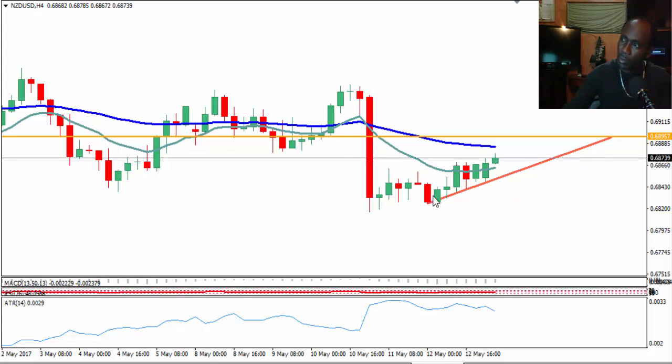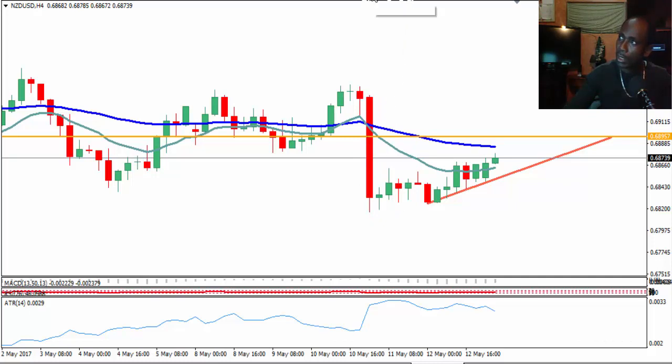So it doesn't matter what setup. If we go to the 15-minute chart, we're going to see some beautiful setups that look tradable, but because of the knowledge of that ATR, we would not be taking those setups.